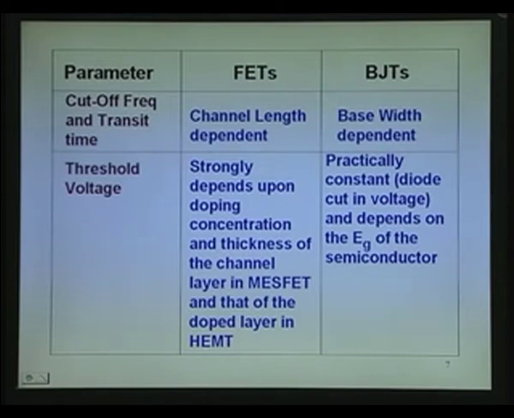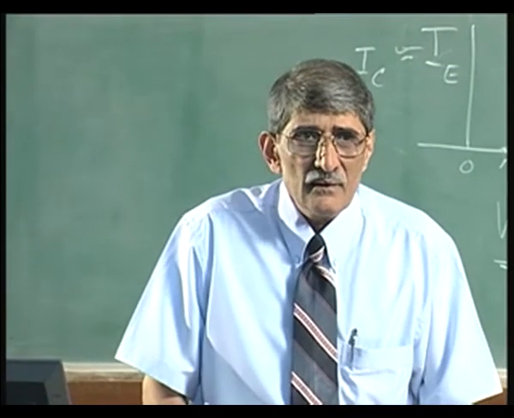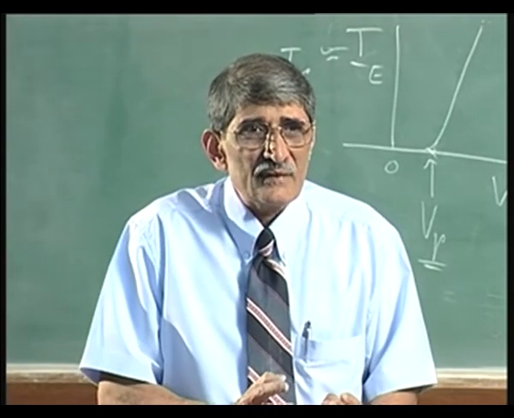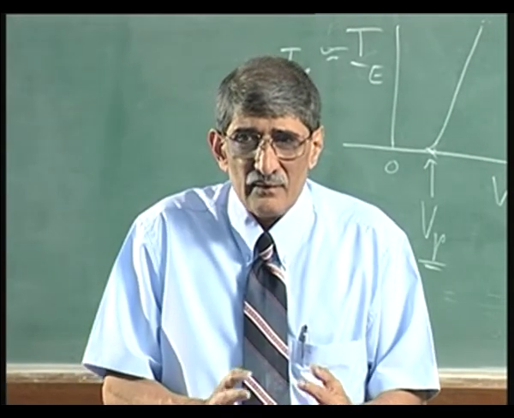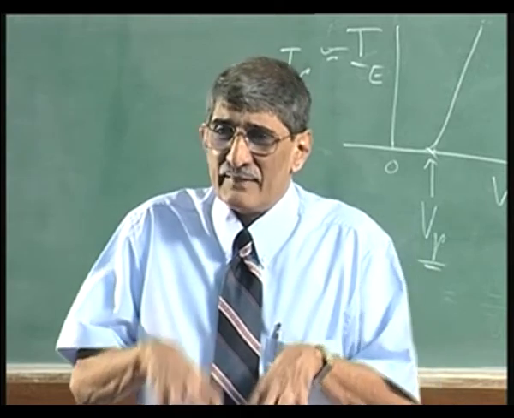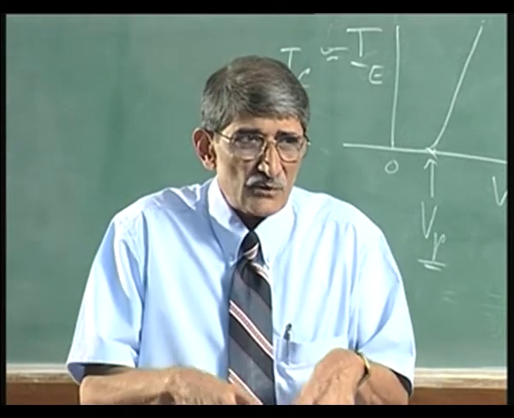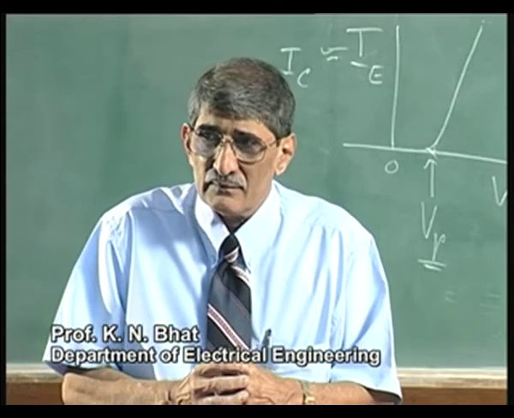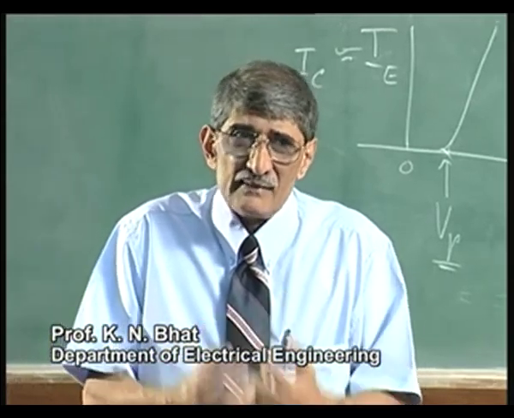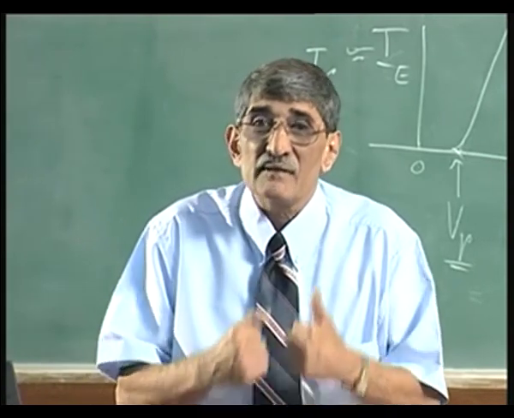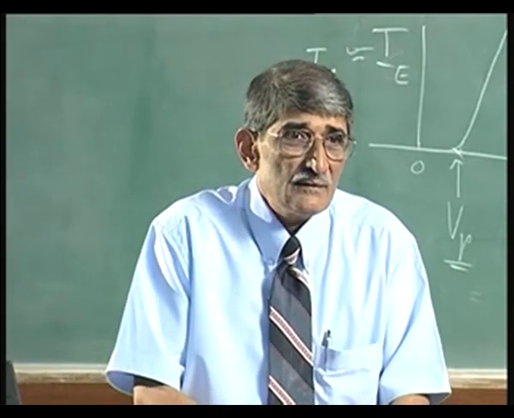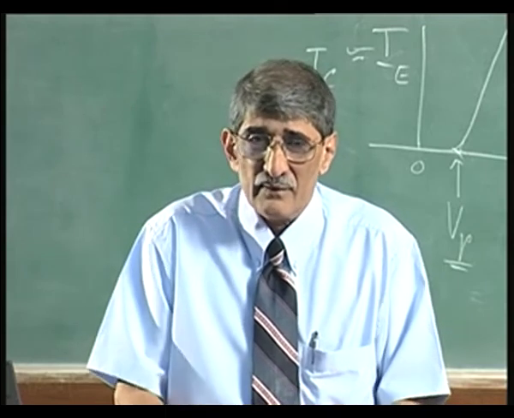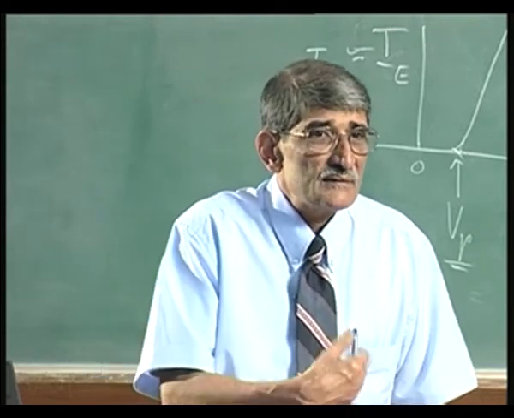So, to sum up the comparative merits, on the negative side, bipolar is a slower device by itself intrinsically, because of stored charges, switching speeds get hurt. Intrinsically its cutoff frequency is smaller because of the transport of electrons in the base compared to the transport of electrons in the channel.